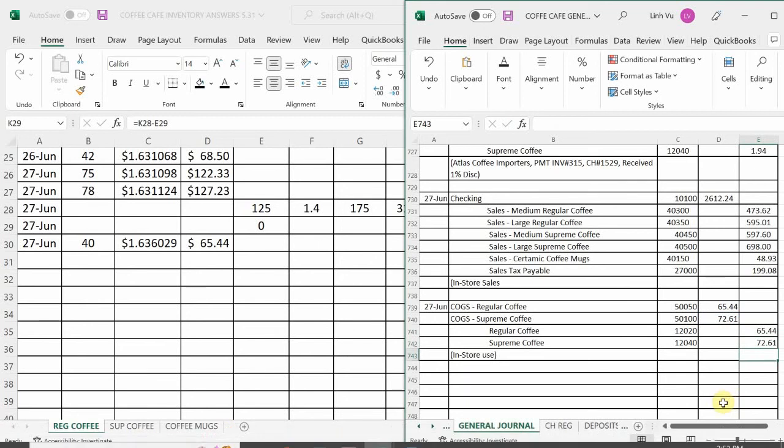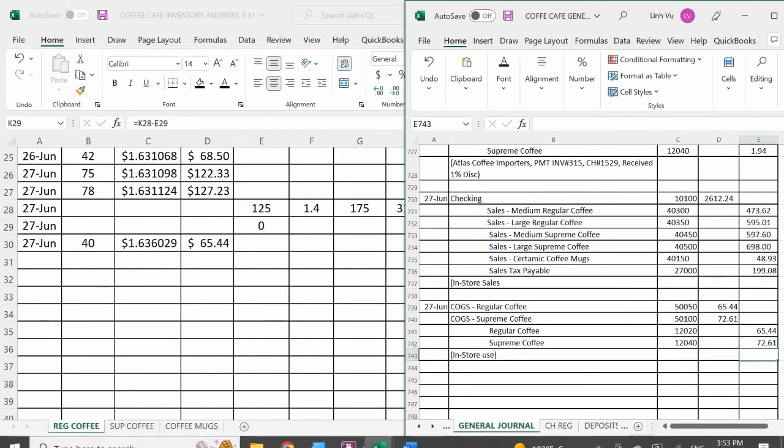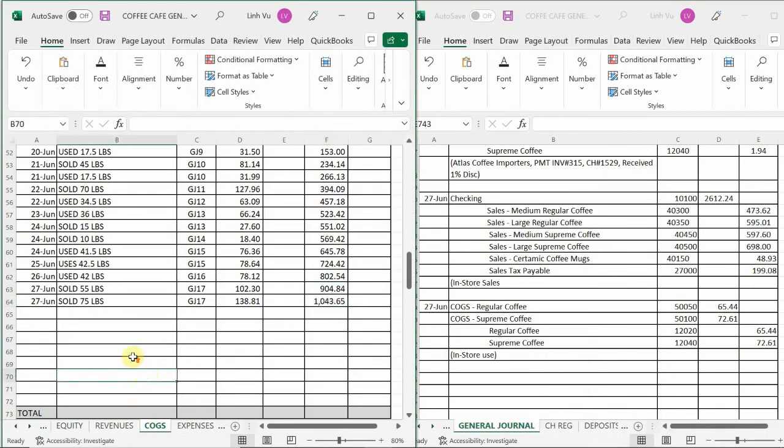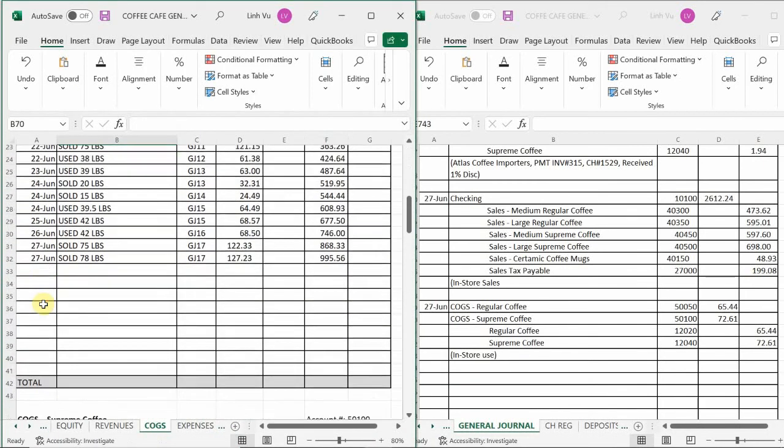And then the 72.61 you said? Yes. All right, and then we go to the ledgers, and we start with cost of goods.